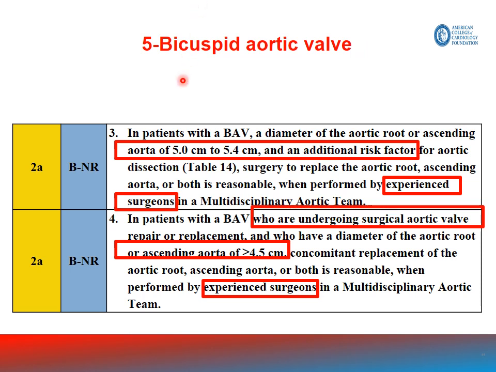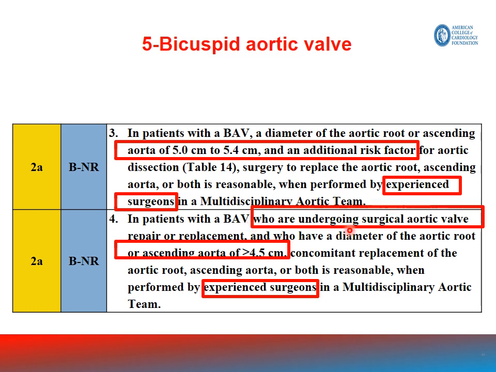The other indications for interventions in patients with bicuspid aortic valve: diameter of the aortic root or ascending aorta between 5 cm to 5.4 cm plus additional risk factor for aortic dissection, provided that the surgery will be performed by an experienced surgeon.